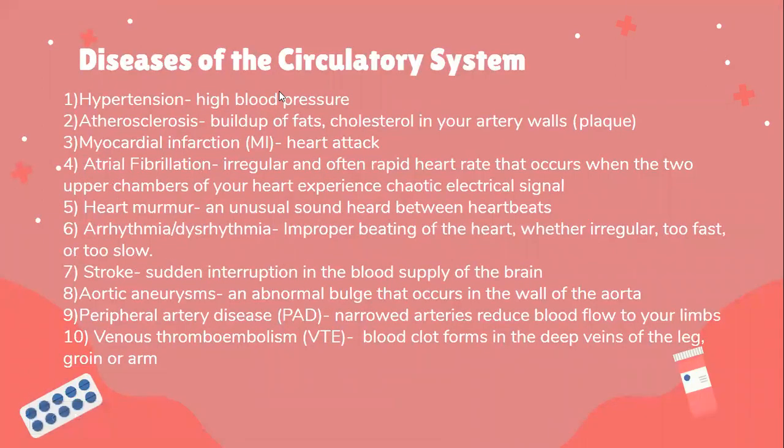So here are some diseases of the circulatory system. It's the system that produces the most deaths and surgeries in the United States. First we have hypertension, which is the fancy scientific word for high blood pressure.